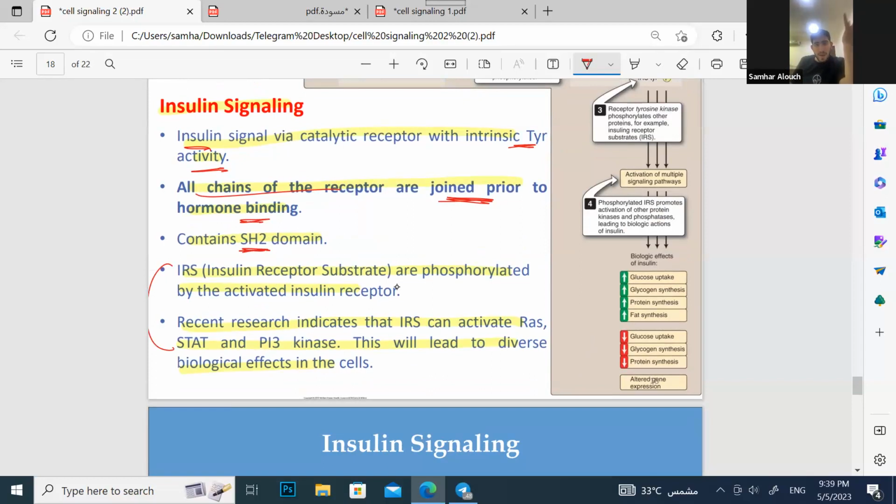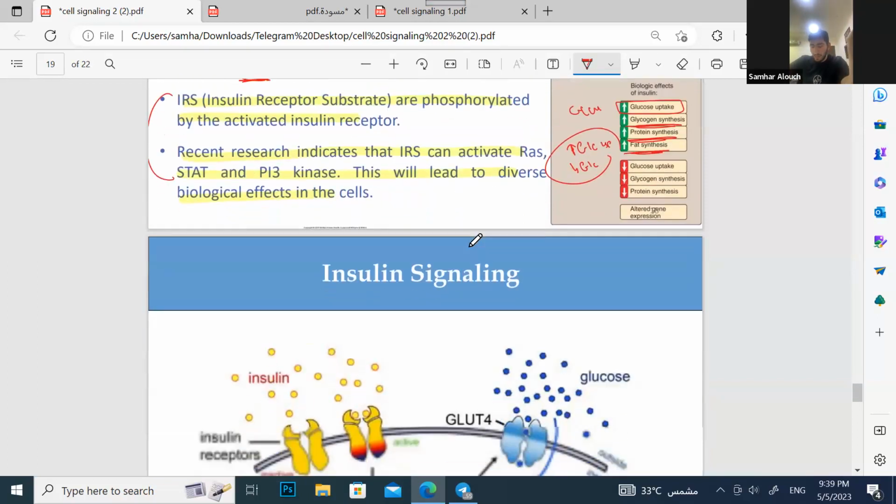Once insulin becomes active, it goes and increases glucose uptake by increasing GLUT4, 2, 3, or whatever. It increases glycogen synthesis, increases protein synthesis, increases fat synthesis, and increases glucose use to decrease glucose level. Okay, and these are the actions. How do they maintain their action? It is by the insulin pathway.